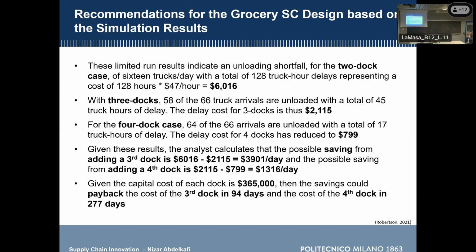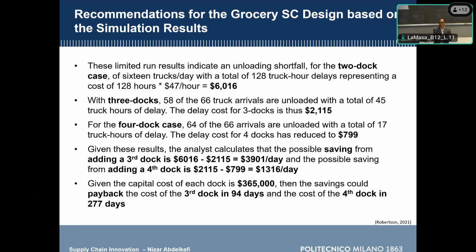So according to this simulation, it is much better to go for a 4-dock distribution center. And this way, we are paying back the 4 docks in just 277 days, right? So it's extremely fast.